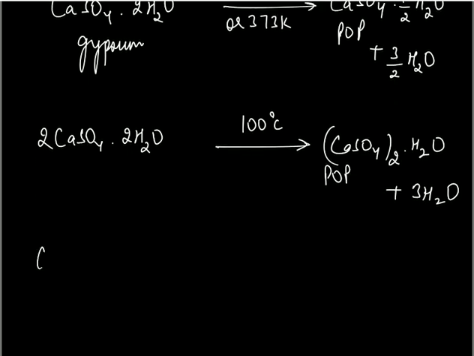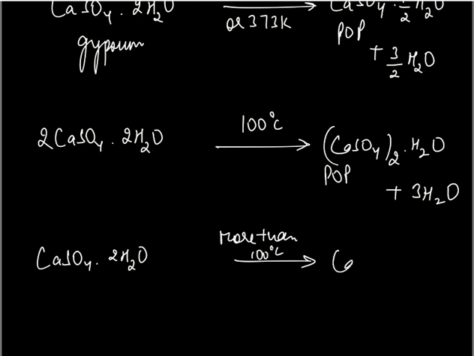Otherwise, if we have gypsum and the temperature goes beyond 100 degrees Celsius, then we will get anhydrous calcium sulfate along with 2 molecules of water.